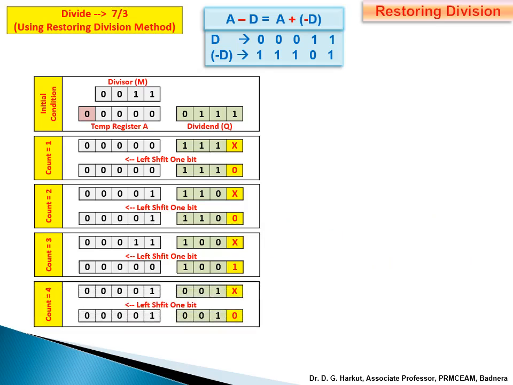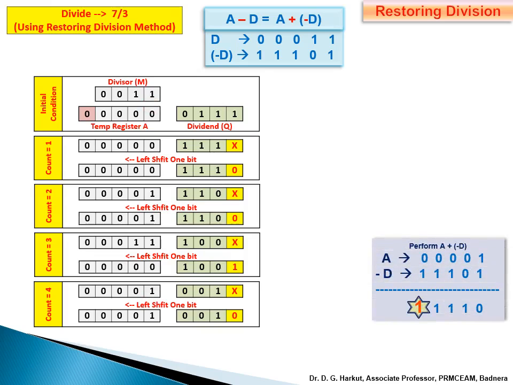Next, repeat again. Left shift the content of register A and Q 1 bit. Subtract D from temp, temp being negative, set Q0 to 0 and restore temp.